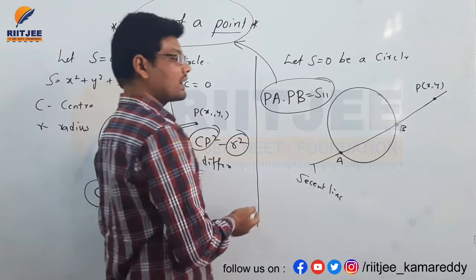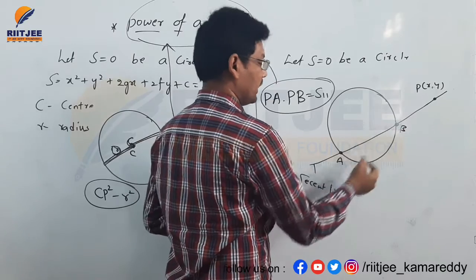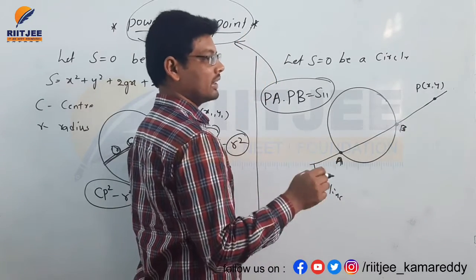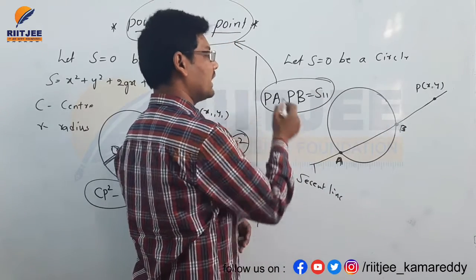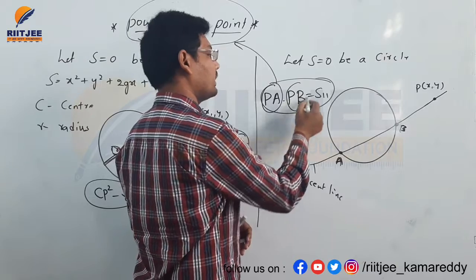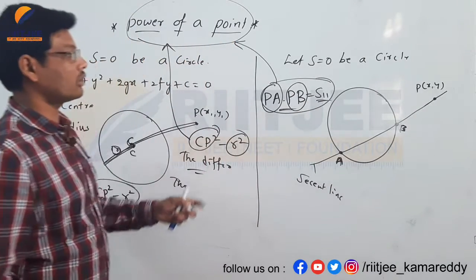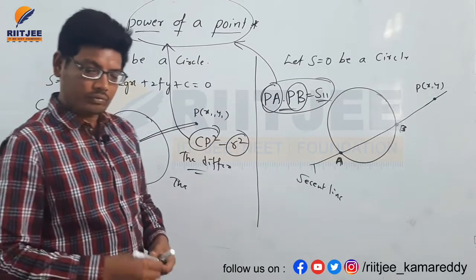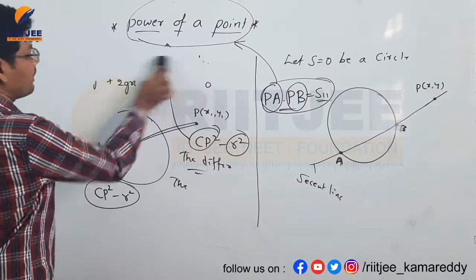And a secant line intersecting a circle at 2 points A and B, and a point P lying on the secant line outside of the circle. Then the product of the distances PA and PB is equal to S11, which is also called the power of a point. Let's take one example of power of a point.